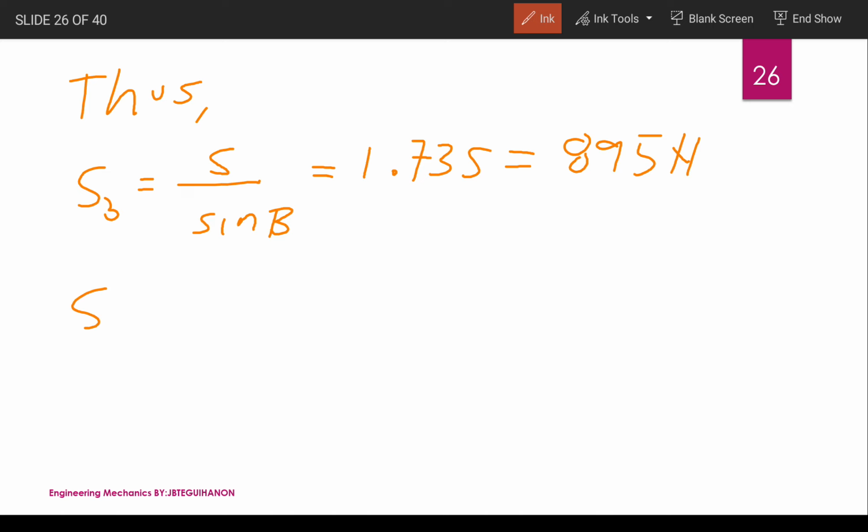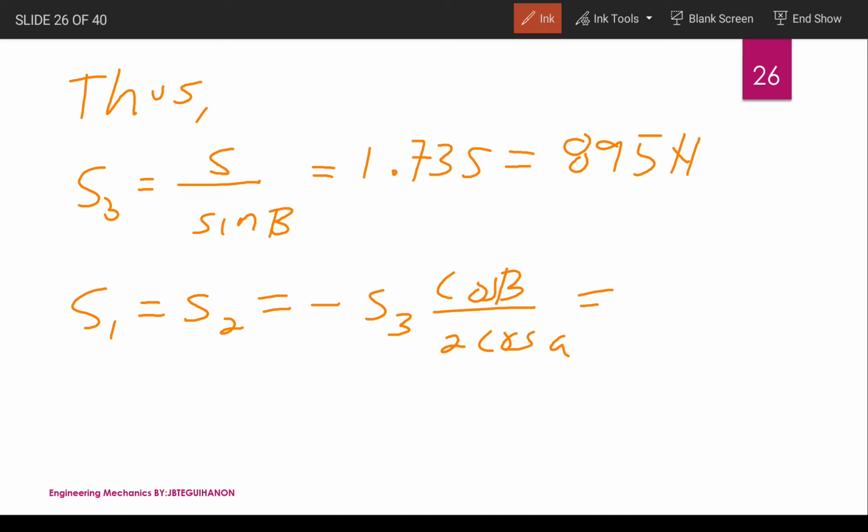Ang S1 mo is obviously equal to S2. Parehas lang sila ng angle, parehas ng forces. Okay, and that is equal to negative S3 cosine beta, parehas yan, over 2 cosine alpha. That is actually equal to what?